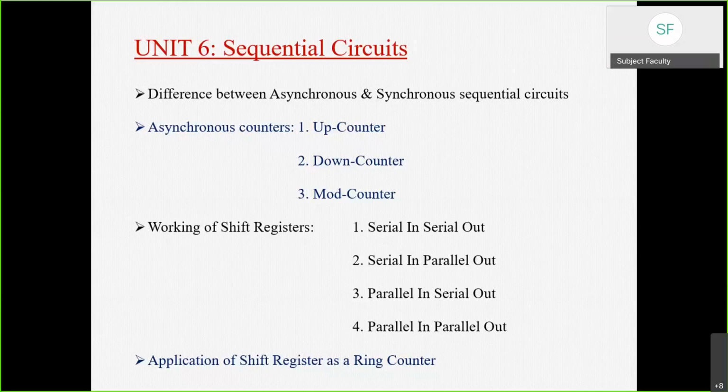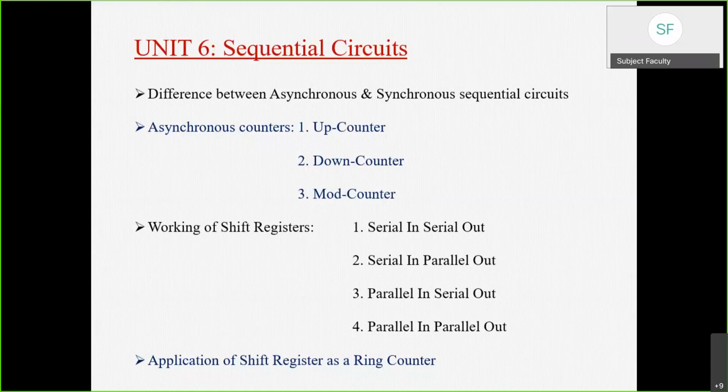The one which counts the pulses in the upward direction is called an up counter, and a down counter will count the pulses in the downward direction. Now there is one more type of asynchronous counter. It is given in your syllabus. It is called a mod counter. So today we will discuss what a mod counter is and how to design a mod counter.